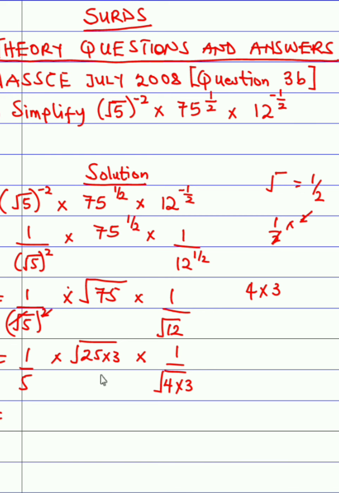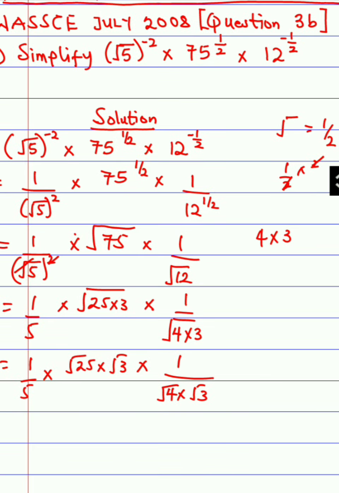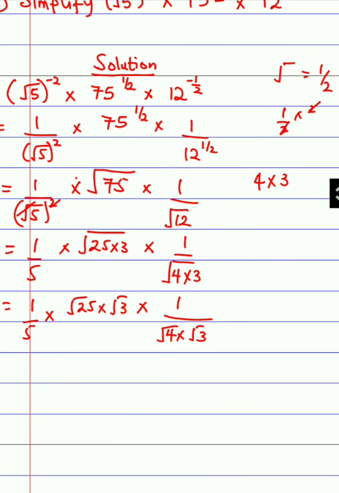Now we are going to expand this, break this one down. So we're going to have 1 over 5 times root 25 times root 3 times 1 over root 4 times root 3. We are just expanding it so that it becomes easier for us to work it out.